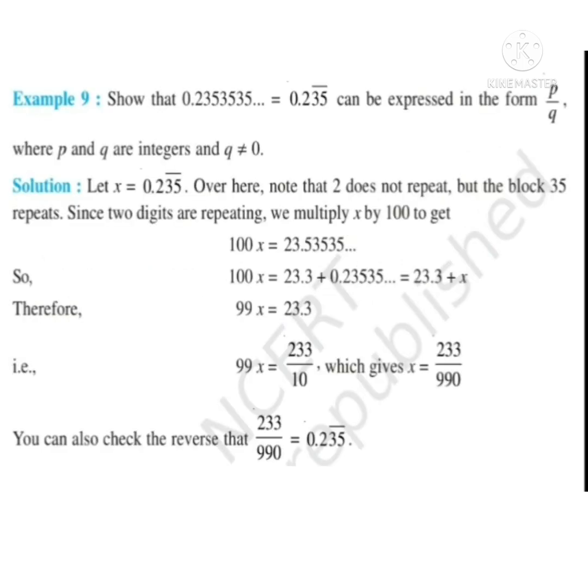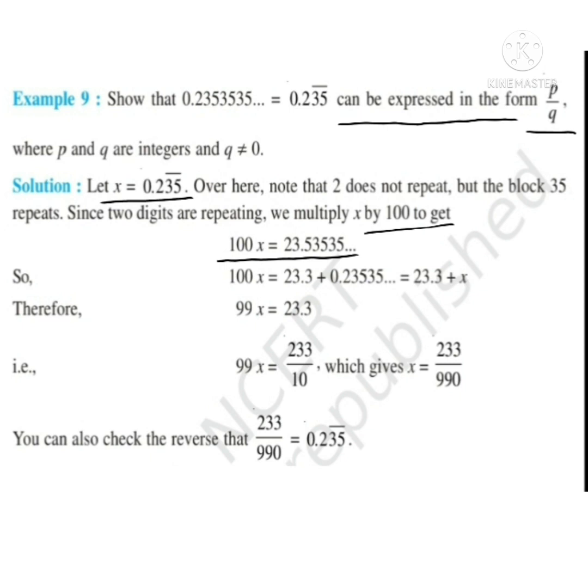Now the next question. When all the terms are not repeating, here you can see that 0.2353535 we have to express in the form of p by q. Again we start with the same process, considering x is equal to 0.235. Again only two digits are repeating, so we multiply it by 100. So 100x is equal to 23.53535 and so on.